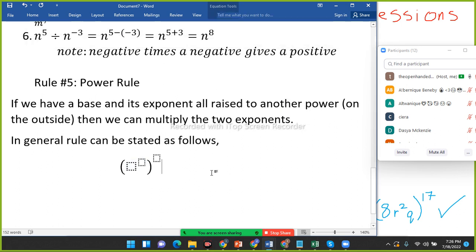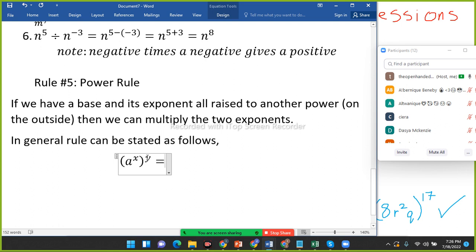So basically this is what we set up ourselves for, a double exponent. If we have a base raised to an exponent, and all that is raised to another exponent, the idea here is that we can multiply these two exponents together.